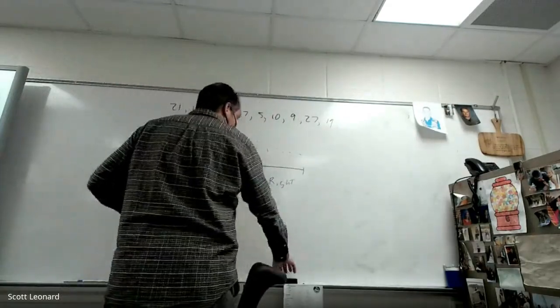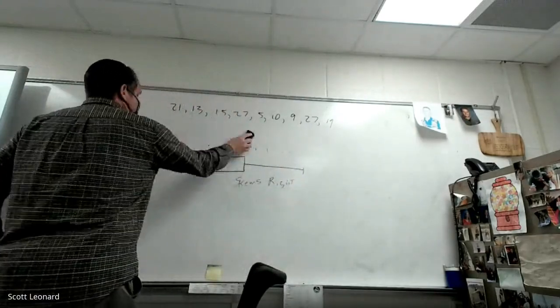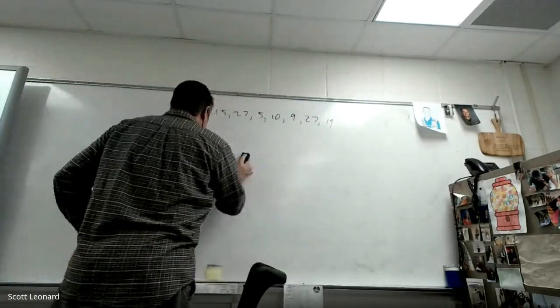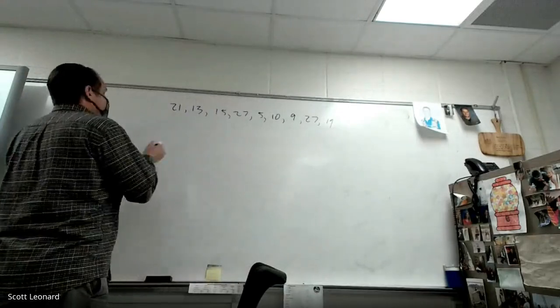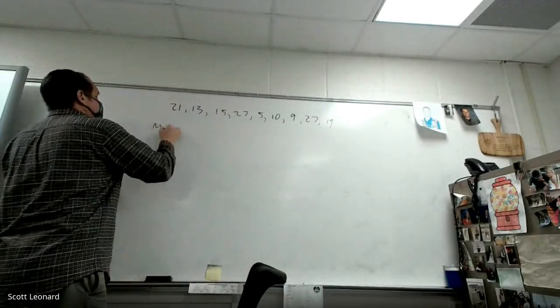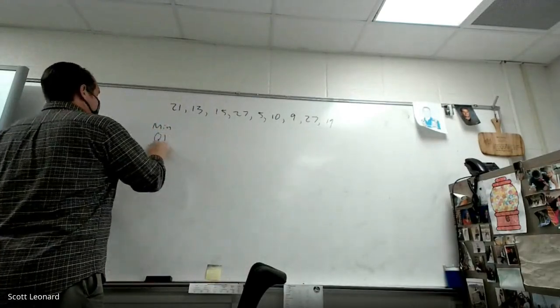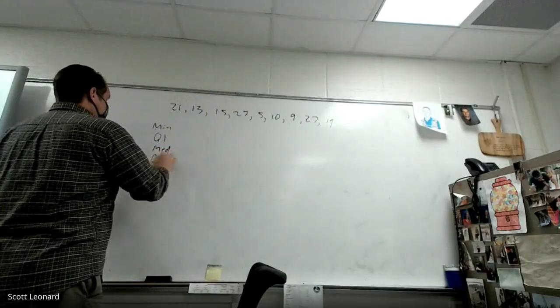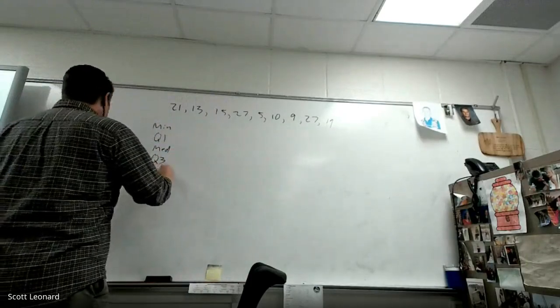I want you guys to find the 5-number summary, meaning the min, the Q1, median, Q3, the max.